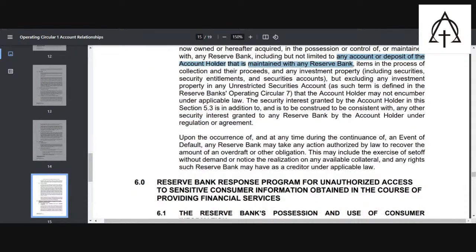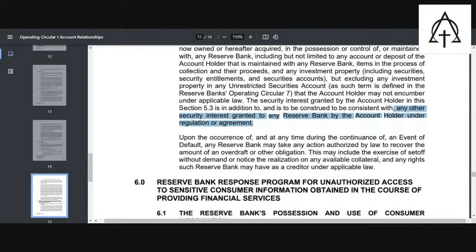The security interest granted by the account holder in this section 5.3 is in addition to and is to be construed to be consistent with any other security interest granted to any reserve bank by the account holder under regulation or agreement, thus the SS5 agreement.